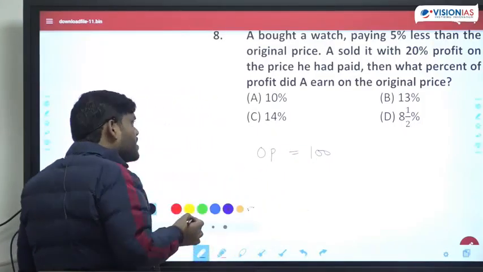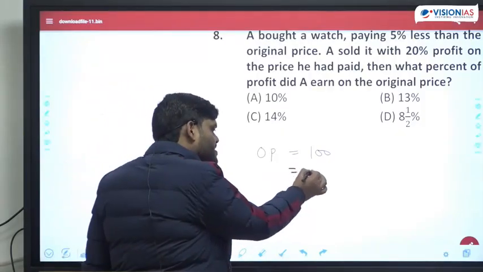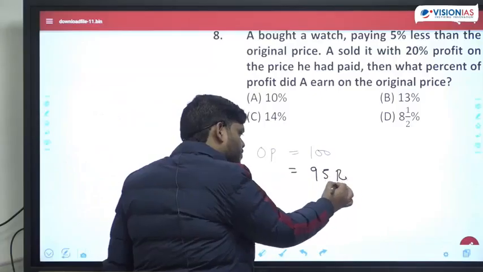Now what is the question? Paying 5% less than the original price. That means how much is he paying? He is paying 95 rupees.